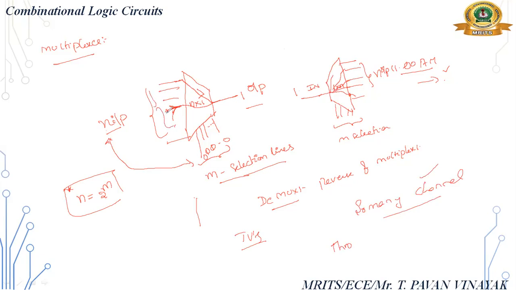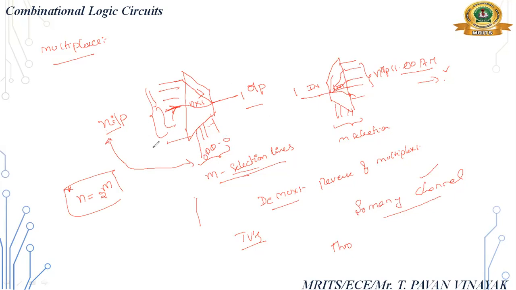If you press 101, you get one channel. If you press 102, you get another channel. So those are inputs, the remote is the selection line, and the output is your TV display. This is the multiplexer. A real-time example is your TV and remote communication.